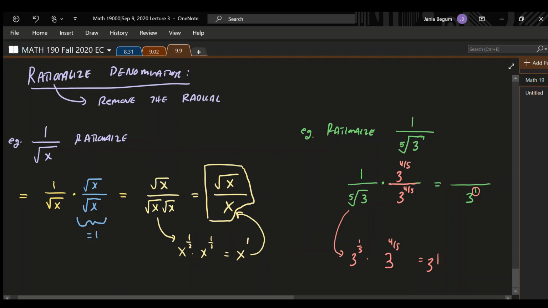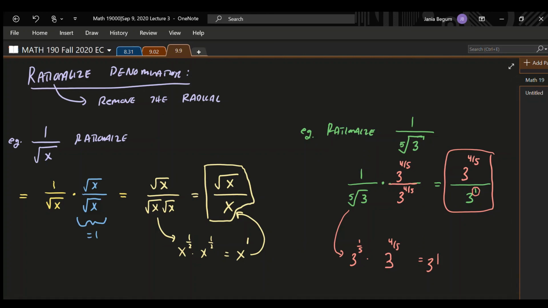Do you guys see that? Let me know if you have questions on this. Okay, and so now that we have figured out the number, we just finish up the calculation. So 1 times that is just 3 to the 4/5 over 3 to the 1. So we have successfully rationalized the denominator. Any questions?